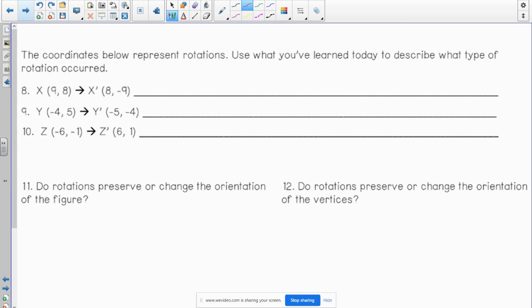Okay, so looking at the rules here, if we use what we know now, this is our normal X, Y, so that's in quadrant 1. I can either visually look at this or look at the rule with it. So if this is in quadrant 1 and that turns into a quadrant, well, let's think. It's positive and then negative.